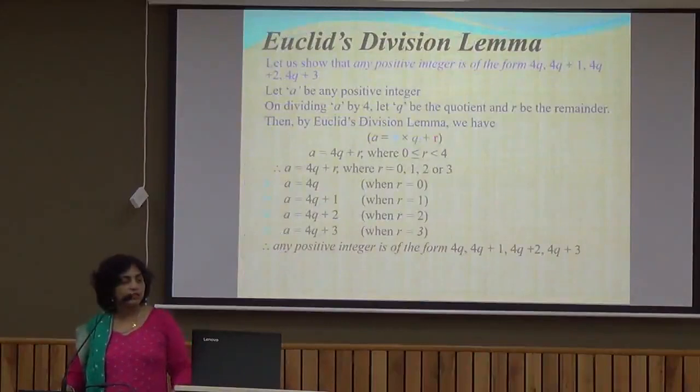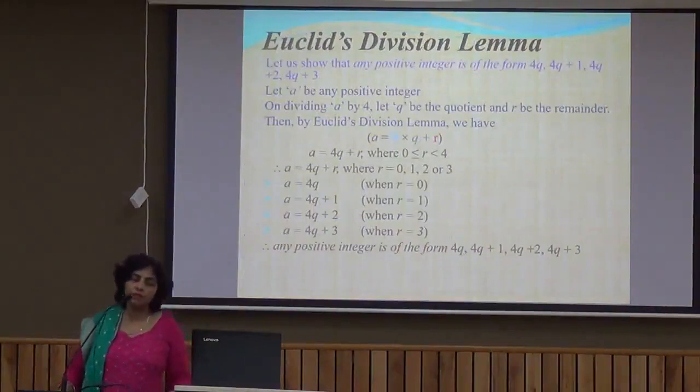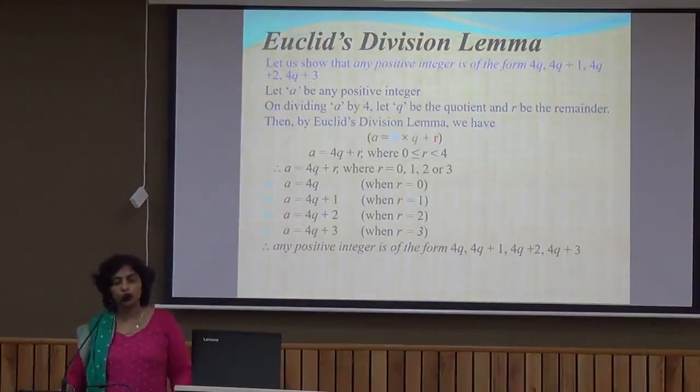Let us take another example. Let us show that any positive integer can be represented in the form 4q, 4q plus 1, 4q plus 2 or 4q plus 3. That means any integer can be represented in any of the four forms.